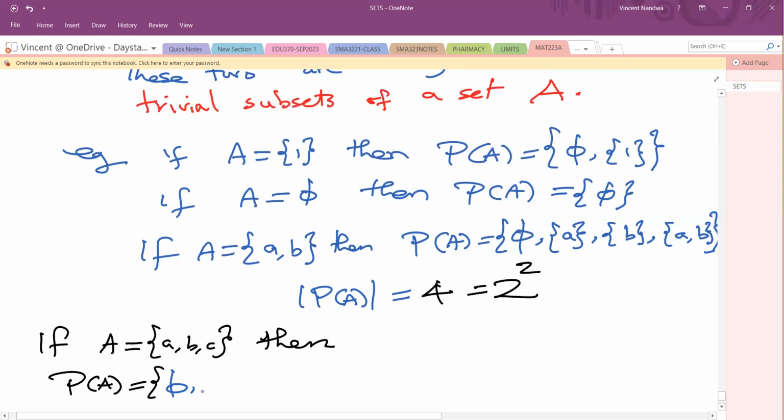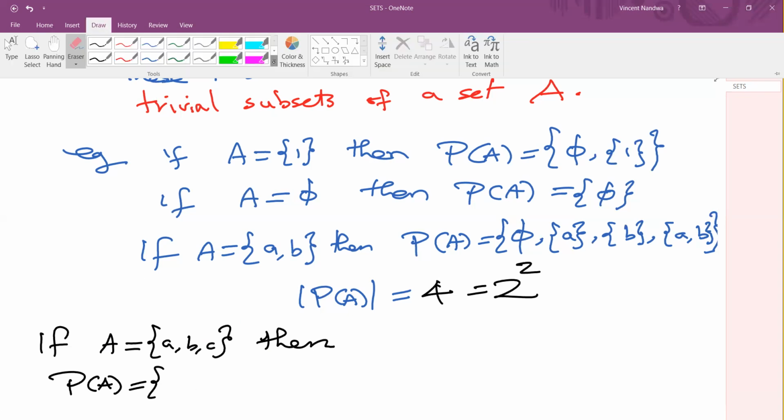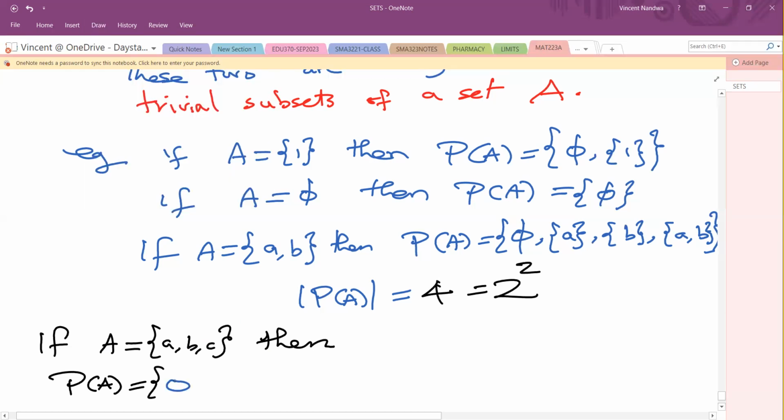What is the cardinality of the empty set? The cardinality of the empty set is 0. So we start with that one. Then next, you form subsets with one element. You'll have a, you'll have b, you'll have c.